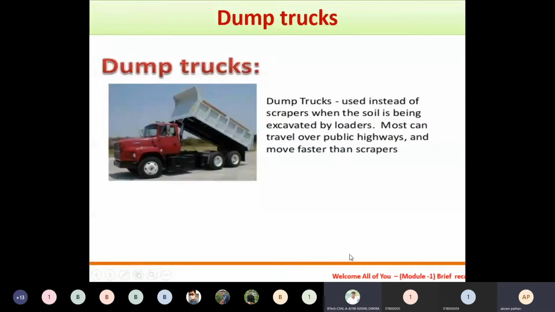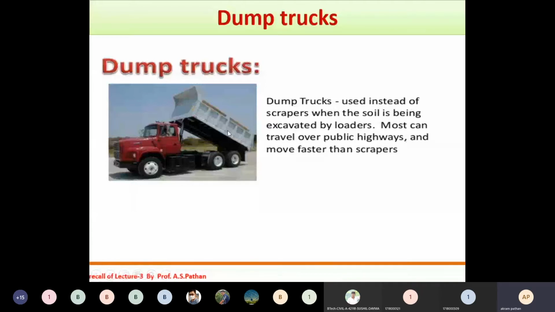Now, this is a brief recall of our third lecture. This is a dump truck, and this truck is used to transport heavy materials, such as aggregate, fine aggregate, sand, or even bricks from a particular site up to your construction site with the help of road connectivity.